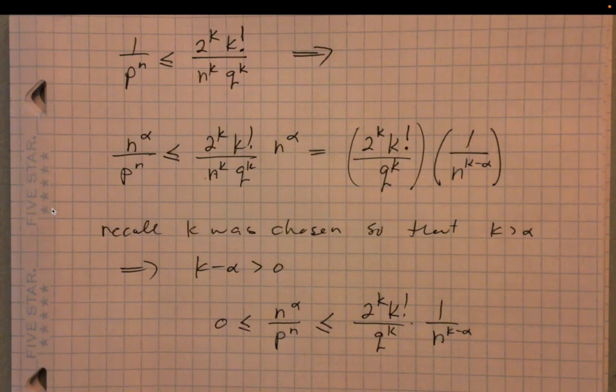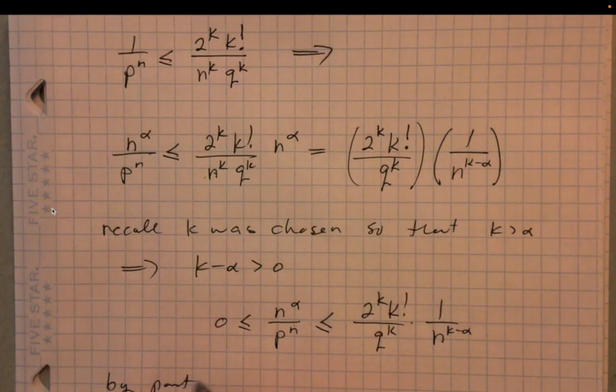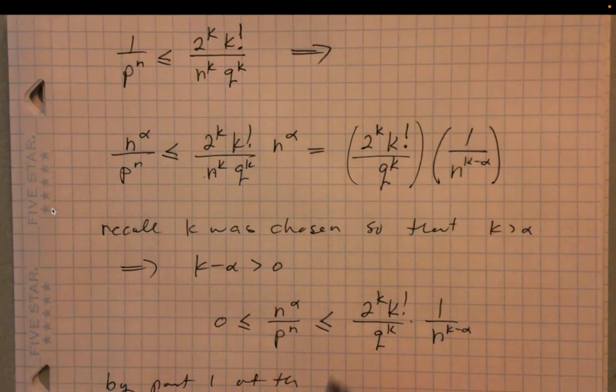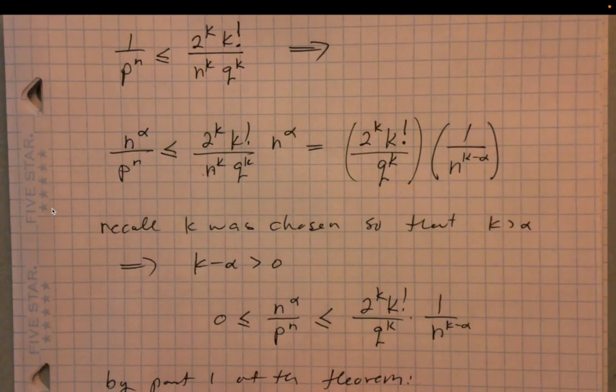And so, again, k minus alpha is greater than 0. And so by part 1 of the theorem, theoretically speaking, maybe you should prove part 1 before you accept this. By part 1 of the theorem, 1 over n to the p goes to 0 as n goes to infinity.